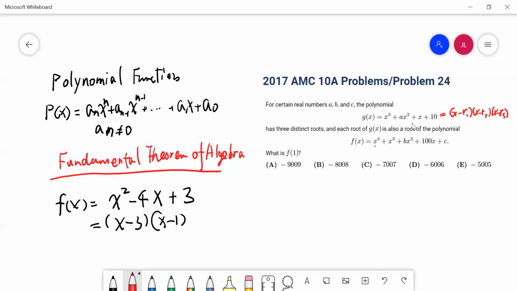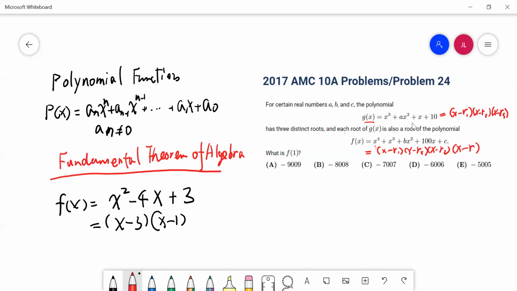The interesting part is that the three roots of g(x) also exist in f(x). So f(x) also has these three roots: x minus r1, x minus r2, x minus r3. But of course, it has a distinct fourth one, which we call r, so that will be x minus r.